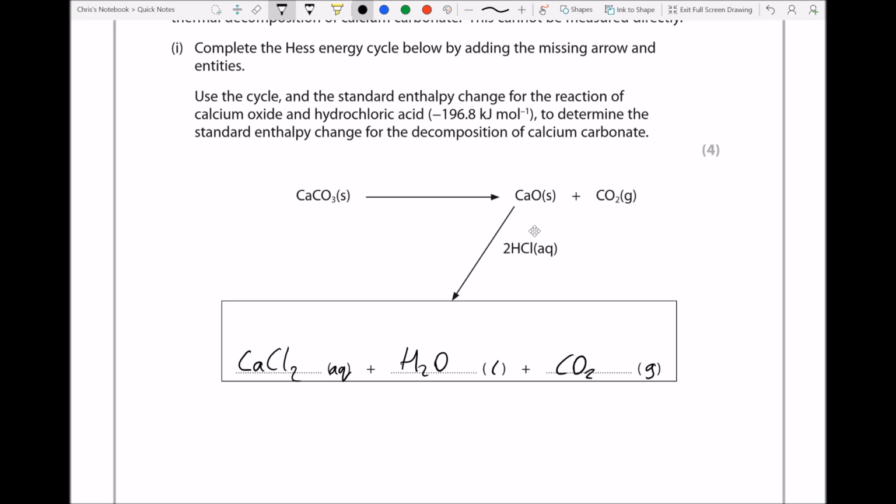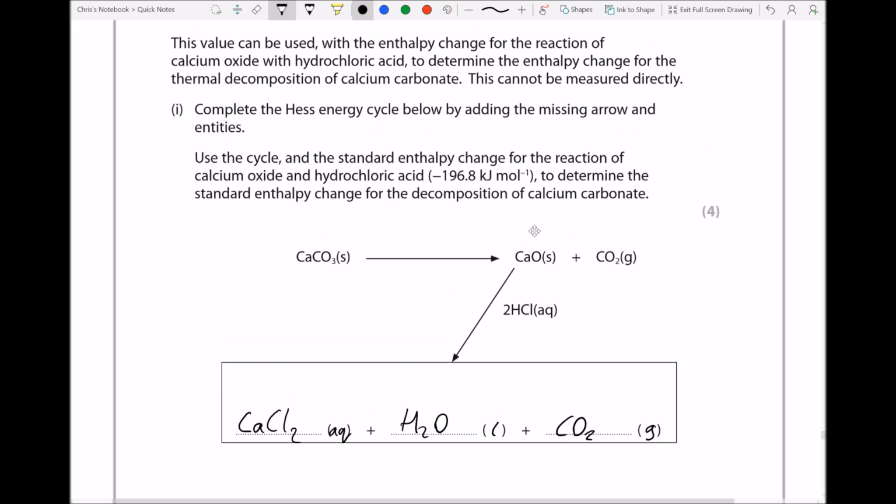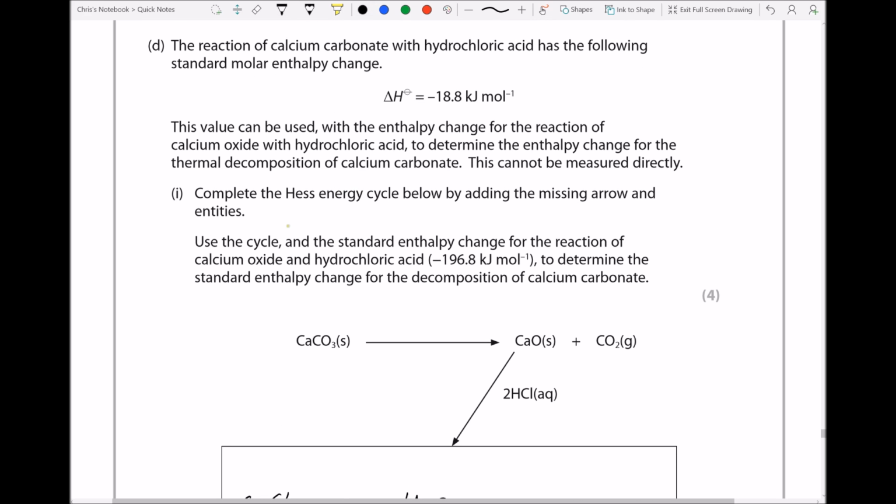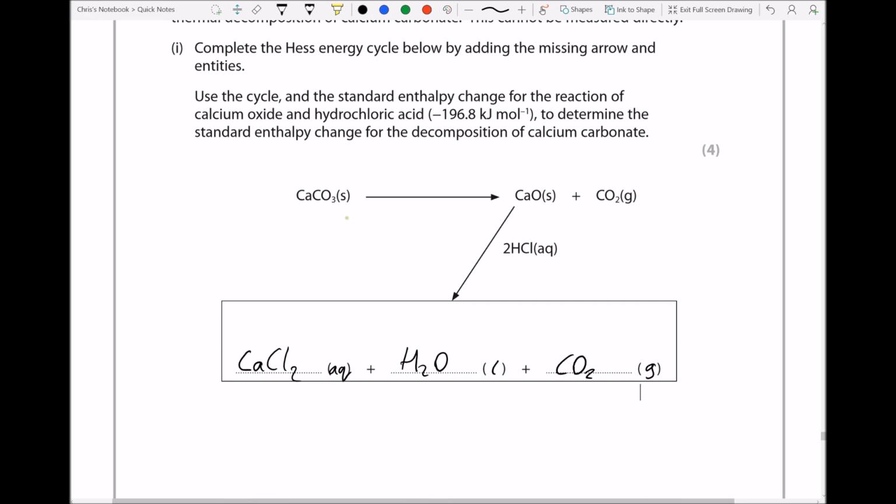This reaction is showing the standard enthalpy change for the reaction of calcium oxide and hydrochloric acid. We have to determine the enthalpy change for decomposition. Because this is calcium oxide going to carbon dioxide forming these products, this arrow is going to have to go downwards because we're producing these products here.